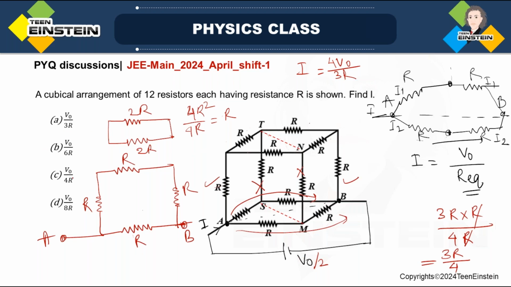The answer will be V0 by 6R. I think this is 12 V0 or something. Okay, let me just check the question once, whether I have done some mistake.